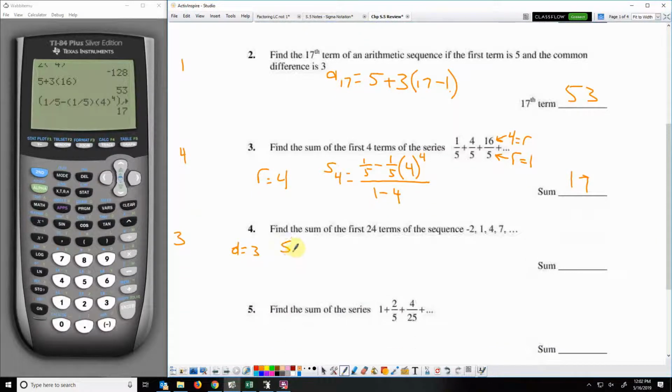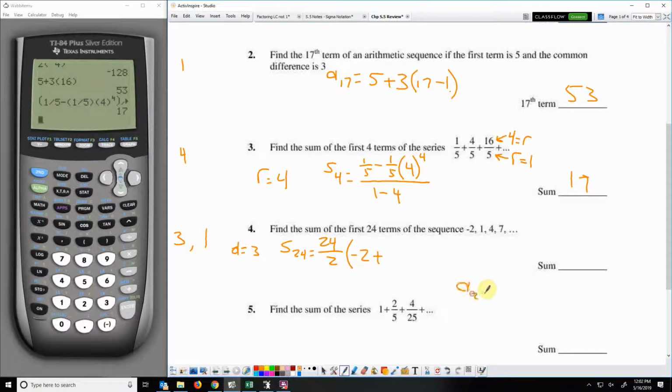Okay, so S sub 24 equals n over 2, 24 over 2, times the first term, -2, plus the last term, which means the 24th term. And I'm going to have to use formula 1 to find that. Anytime I'm using formula 3, I have to use formula 1 to fill in that last spot.